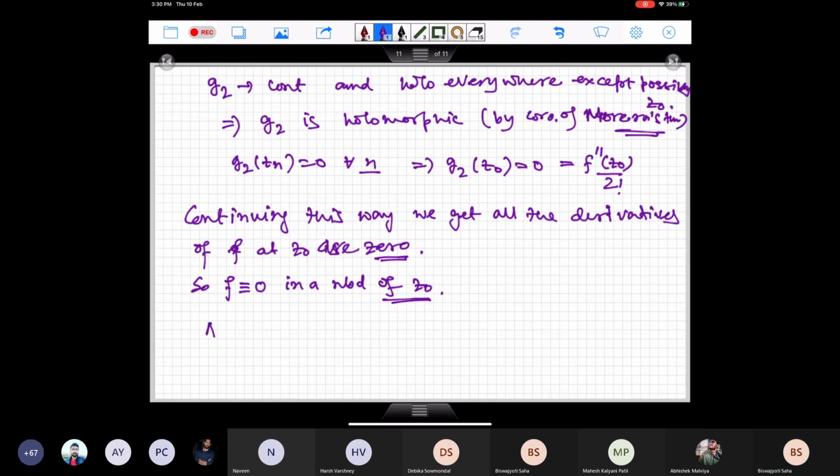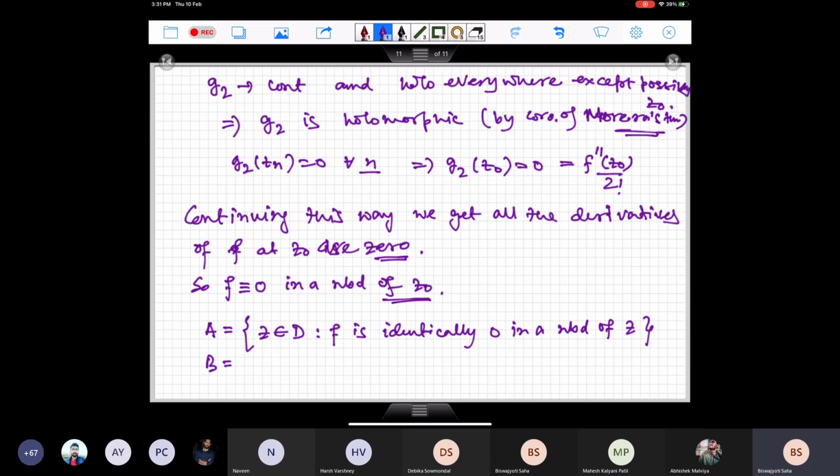So here I am going to define A to be the set of all points z in D such that f is identically 0 in a neighborhood of z. So I collect all such points, and B, I take it to be the complement of A, that is D minus A. Here you will clearly see that A is a non-empty set because my z naught is there in A, and you will be able to show that both A and B are open sets.